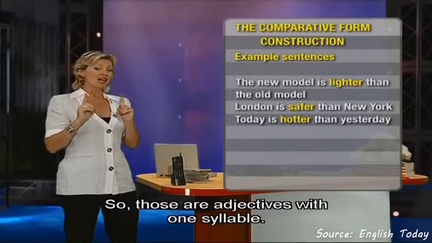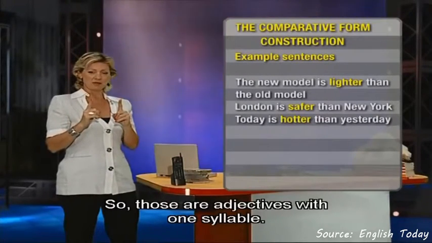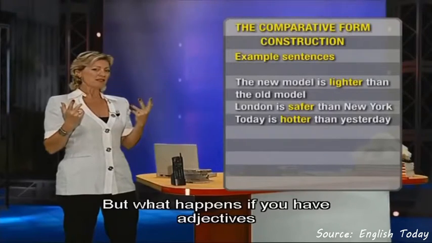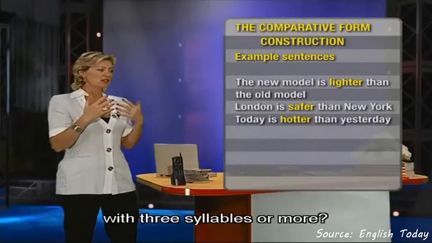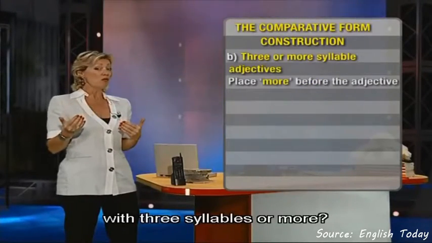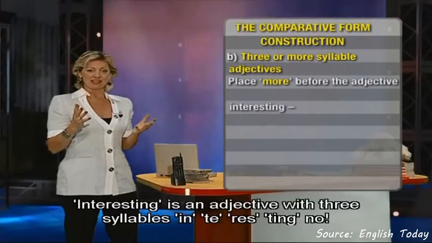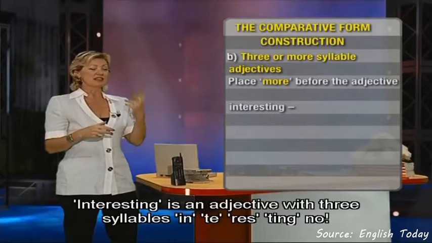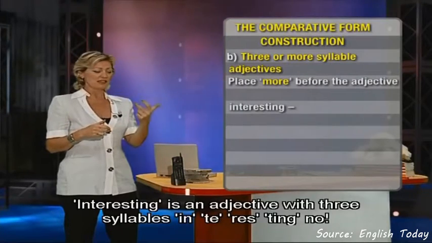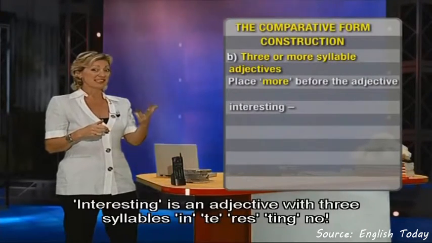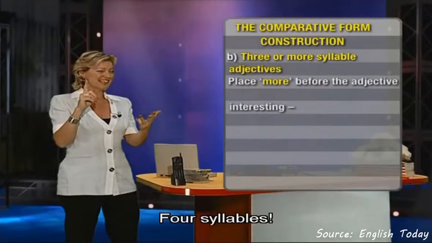All right, so those are adjectives with one syllable. But what happens if you have adjectives with 3 syllables or more? Look at the examples. Interesting is an adjective with 3 syllables. Interesting, no, 4 syllables.